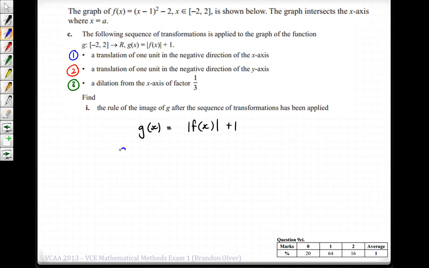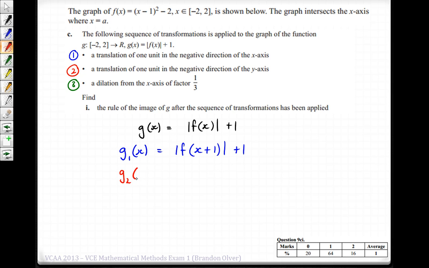So the first one, a translation of 1 unit in the negative direction of the x-axis, is going to be the same as f of x plus 1 inside the function equation there. That's going to move it 1 unit in the negative or left direction.